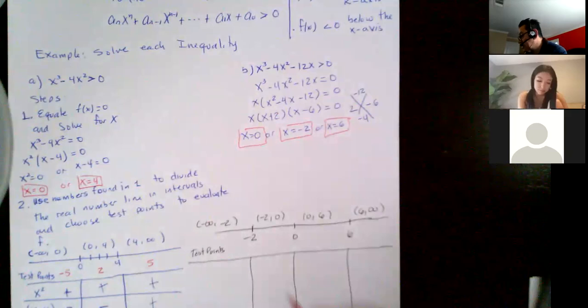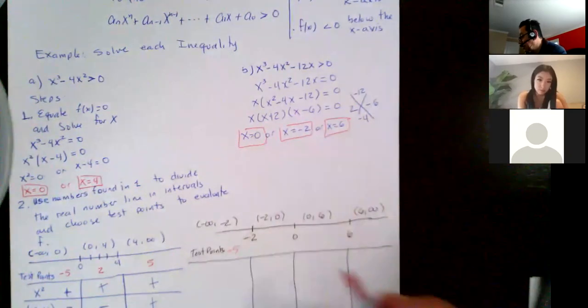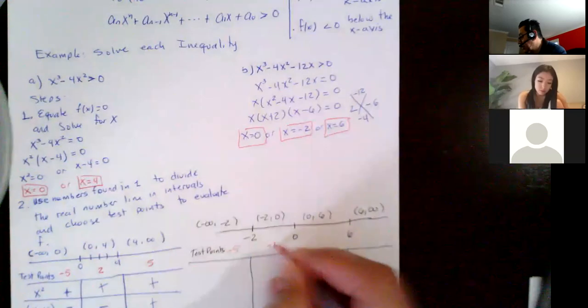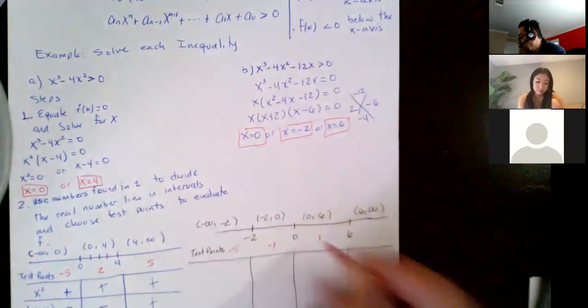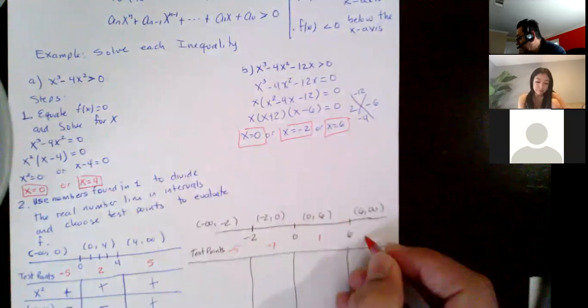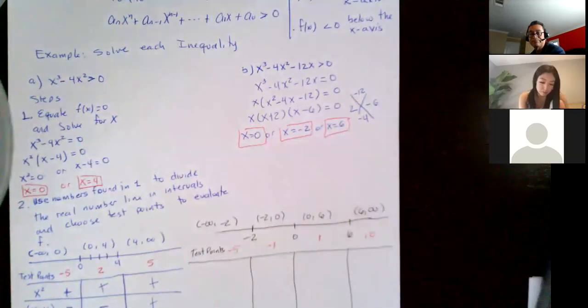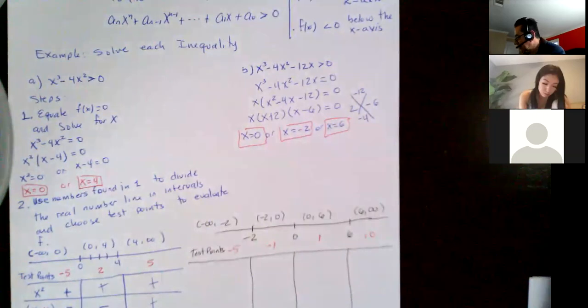Let me choose -5 here, -1 here, +1 here, and 10 here. You can choose your own, okay? Easy ones to plug in.